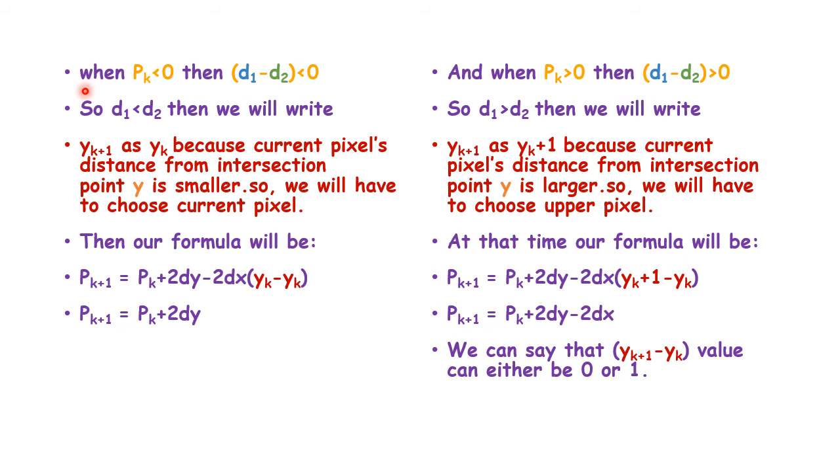Now we have to decide which distance is smaller. So when pk is less than 0, then d1 minus d2 is less than 0, meaning d1 is less than d2. Then we will write yk plus 1 as yk, because the current pixel's distance from the intersection point y is smaller, so we will choose the current pixel.